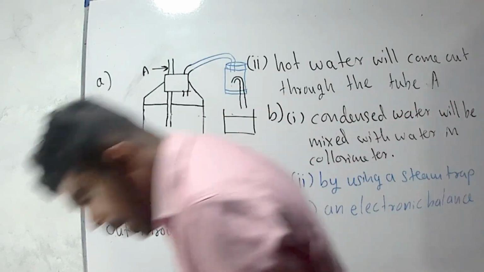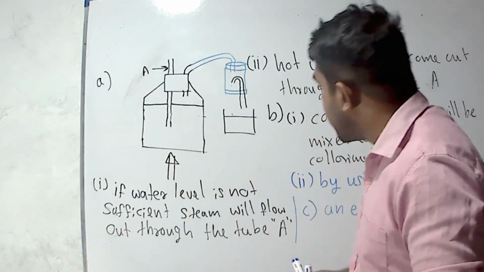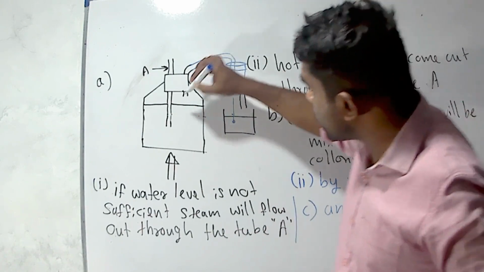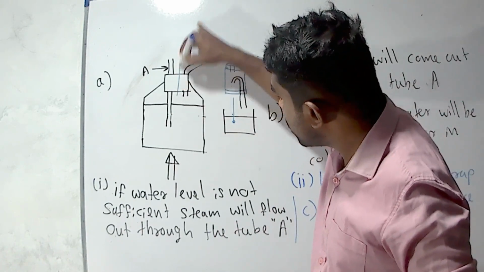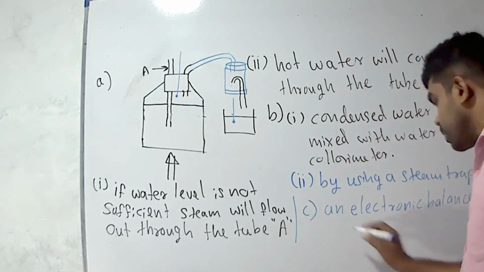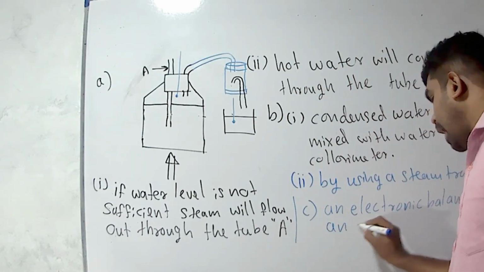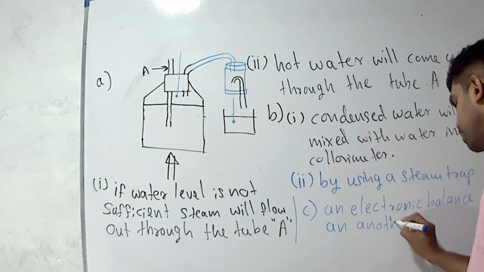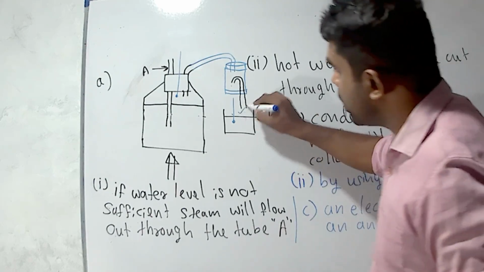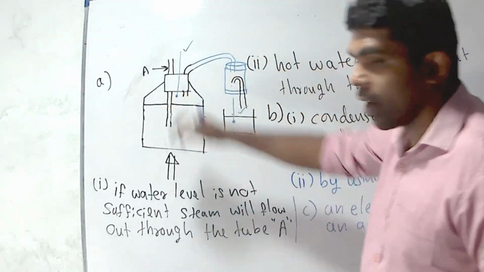They have provided a thermometer in this calorimeter, but we have to use another thermometer with this steam generator. Then we can write another thermometer. This thermometer is given, but they have not given this one.